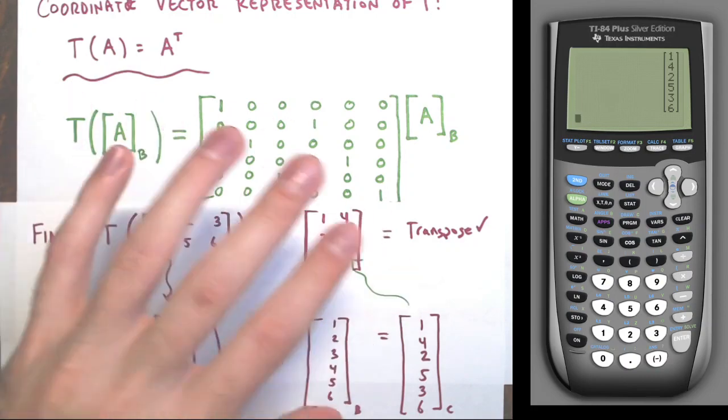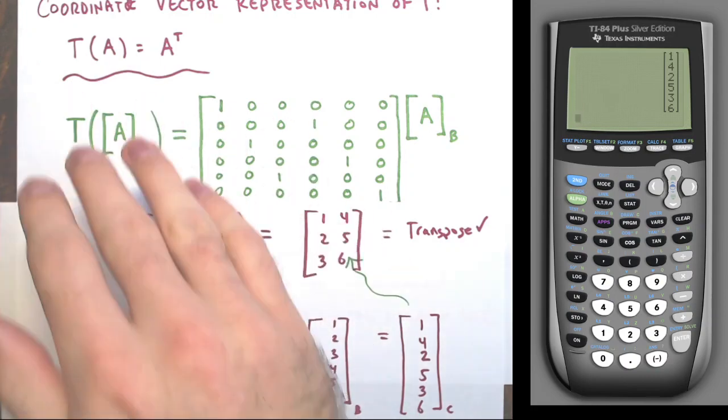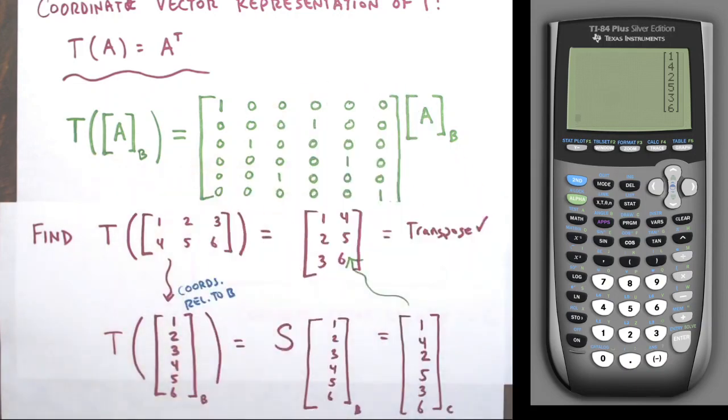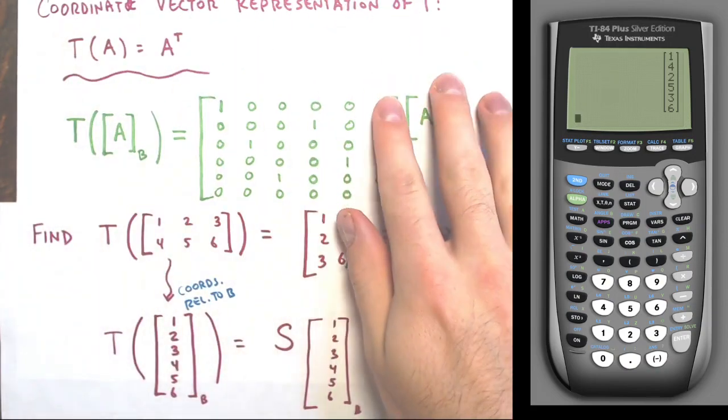I'm just saying, if it's a linear transformation like this, you can still do it this way as well: find a standard matrix, write the coordinate vector representation, use the standard matrix and coordinates of your vectors to get outputs that are coordinate vectors as well, and then translate back.